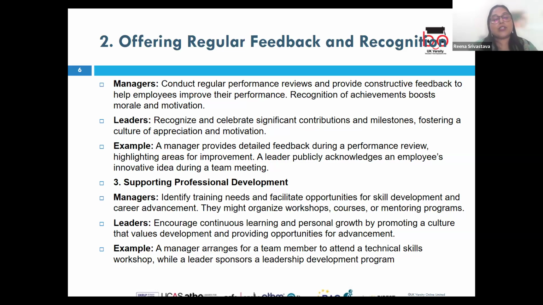team. So you can see that the leader is focused more on the broader vision and the organizational culture, developing a culture where the overall team achievement is valued and celebrated, while a manager handles day-to-day guidance and support.